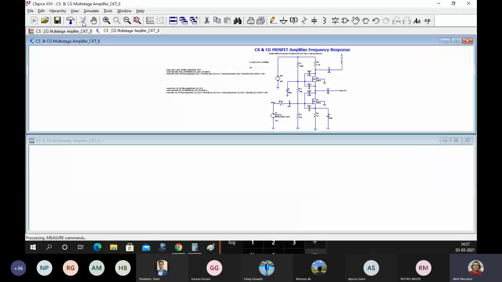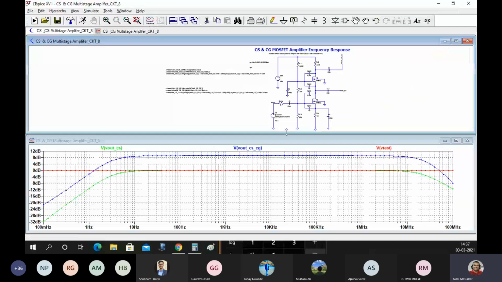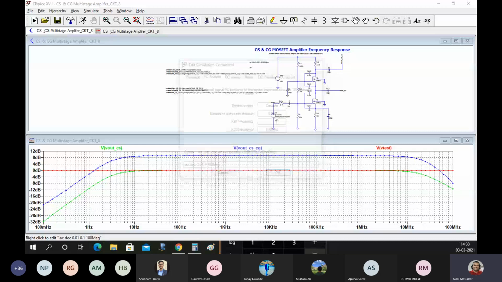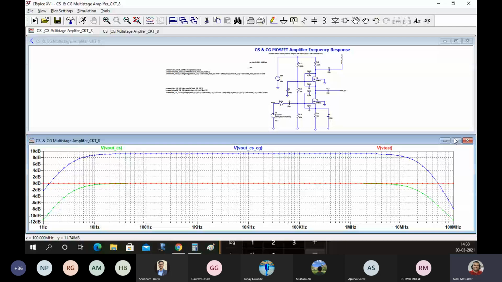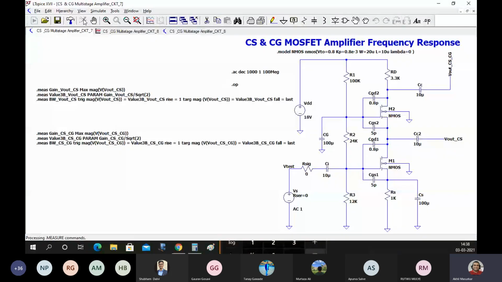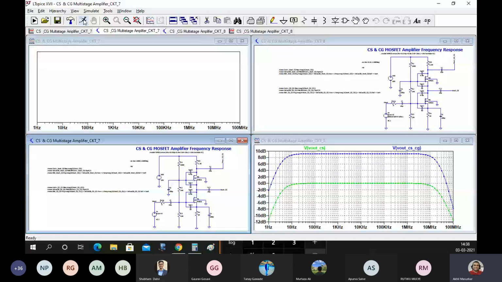So that should give me a good response. So this is the AC analysis, and let's open circuit 7 for now, which is also the same, and let's run this.